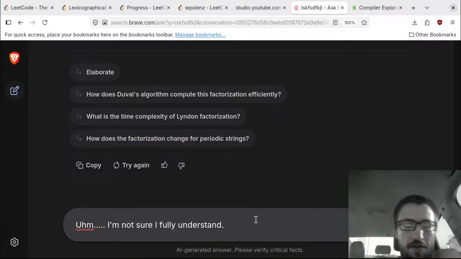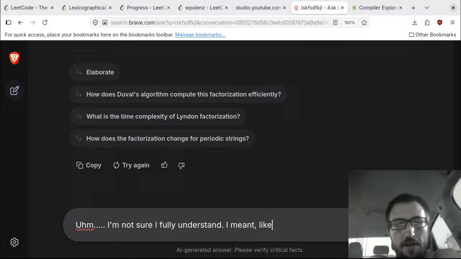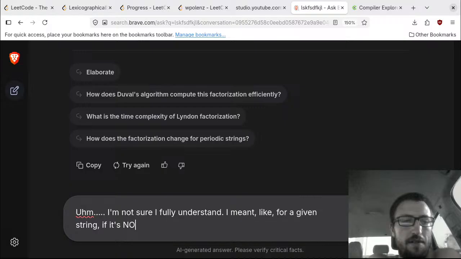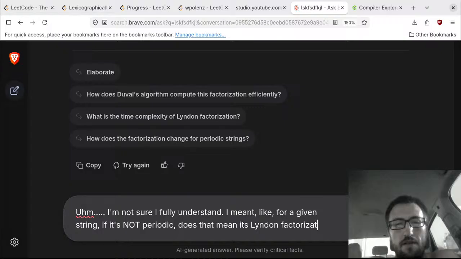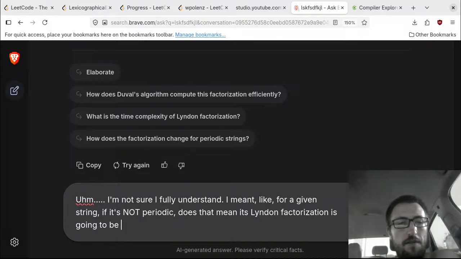Not sure I fully understand. I meant like for a given string, if it's not periodic, does that mean it's a Lyndon word? The Lyndon factorization is going to be just one Lyndon word.